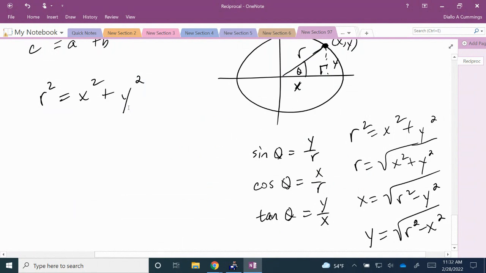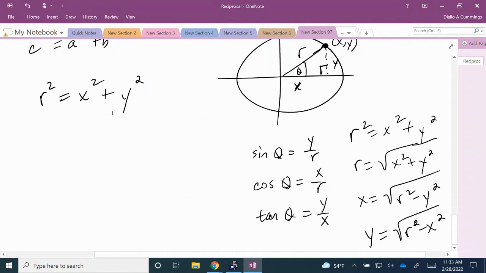Now, keep in mind from algebra, whatever you do to one side of the equation, you must do the exact same thing to the other side. So what I'm going to do to this Pythagorean theorem is divide both sides by r squared. The property of equality tells us whatever we do to one side, we do the same thing to the other.